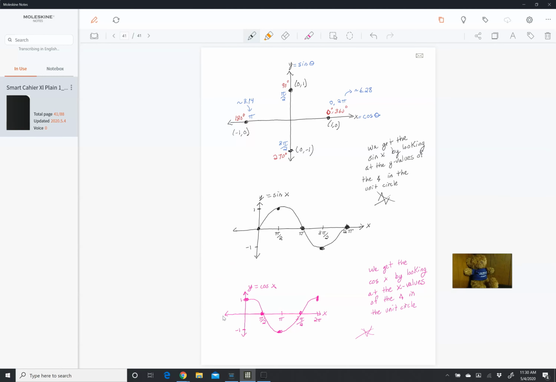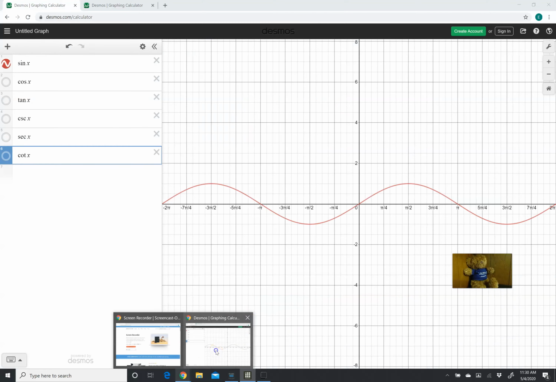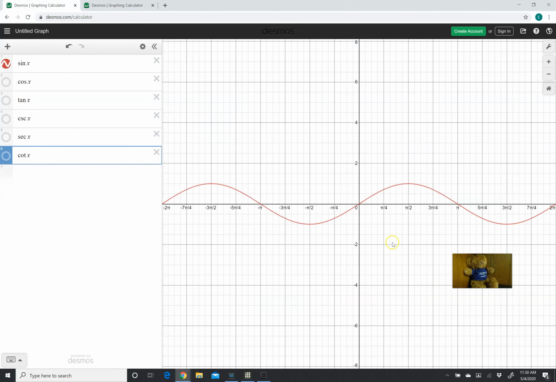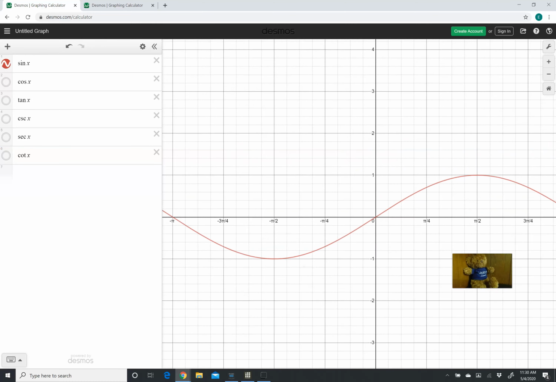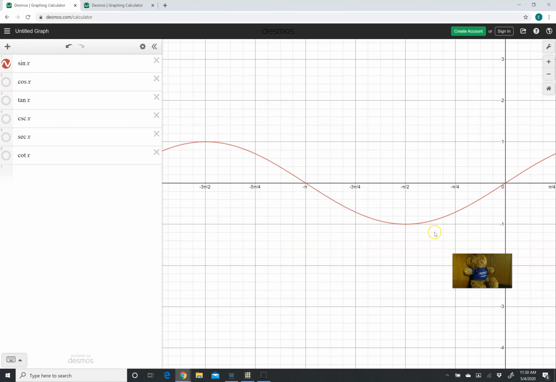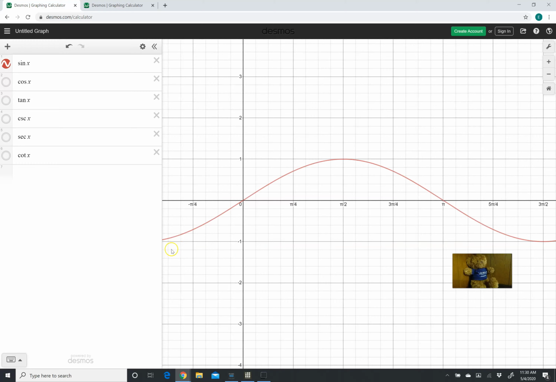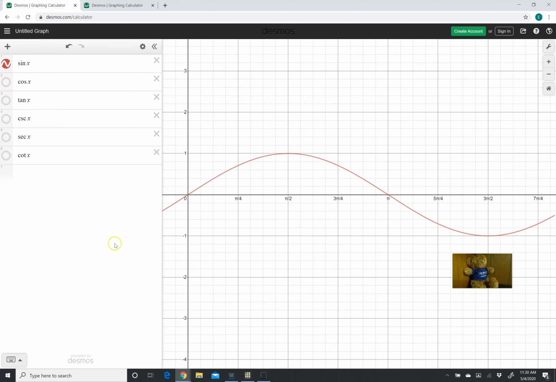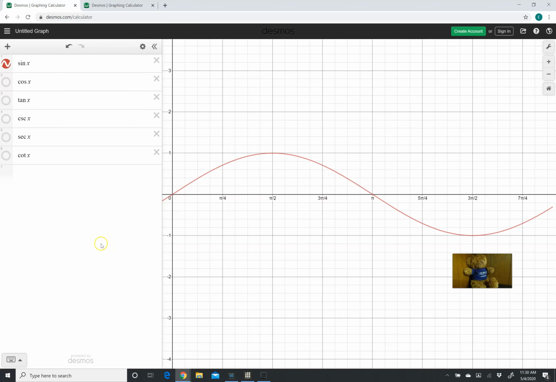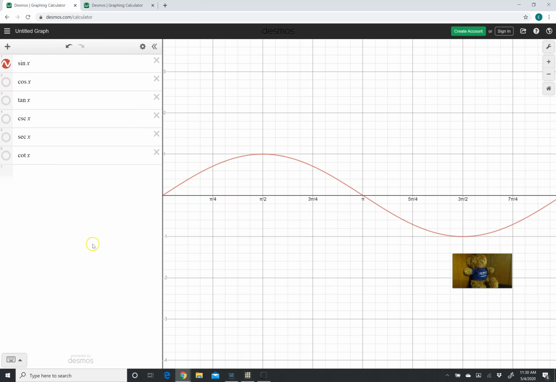So let's take a look at these graphs where it's easy to see what's going on. This is the sine graph. You can see the sine graph here.